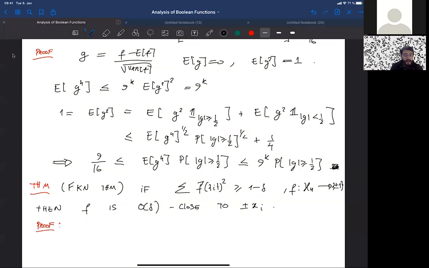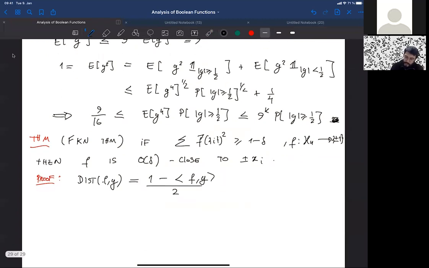Okay, how can we show that? Also recall that the distance between f and g, for Boolean functions, is just this guy. So if g is some, let's say, plus or minus x_i, this would be what? 1 minus f hat of i, plus or minus, divided by 2.